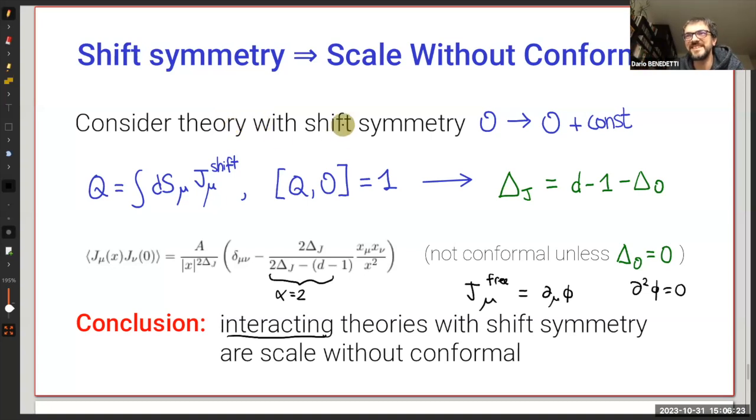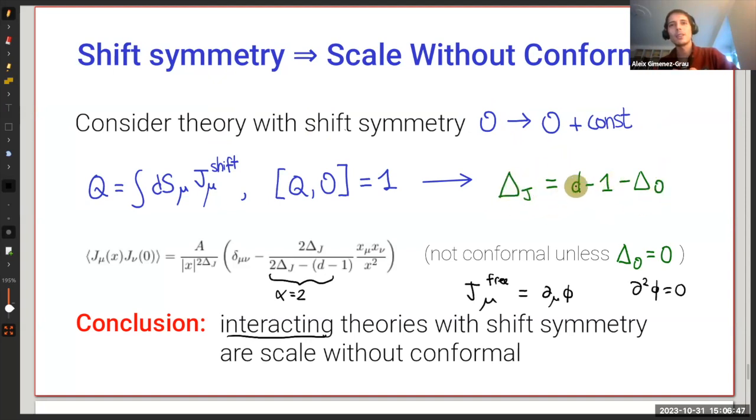Yeah, the argument actually goes in two parts. The first part is, you have the shift symmetry, and then you can compute the dimension of the shift current. You see that the dimension of the shift current is not d-1, it's d-1 minus delta O. But conformal invariance forces conserved operators to have dimension d-1.